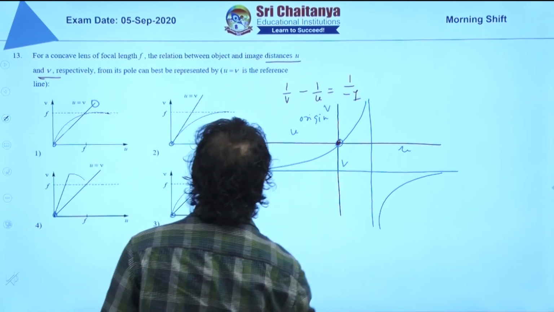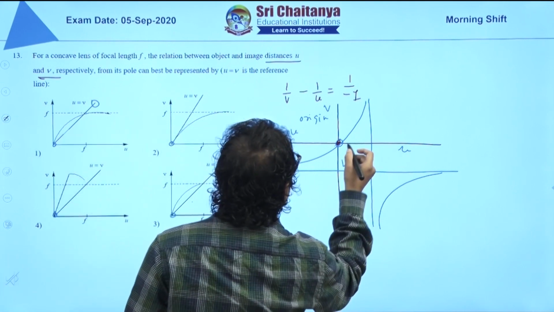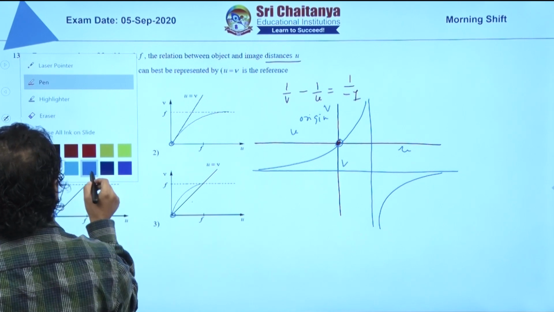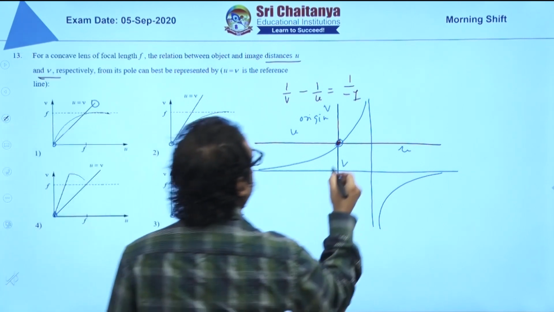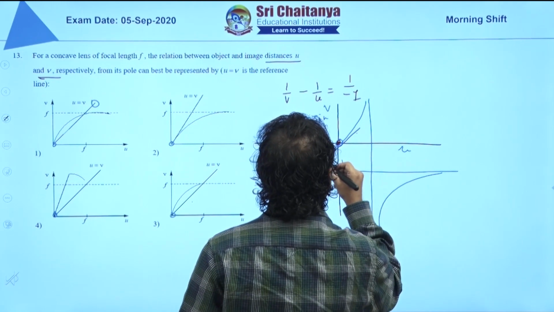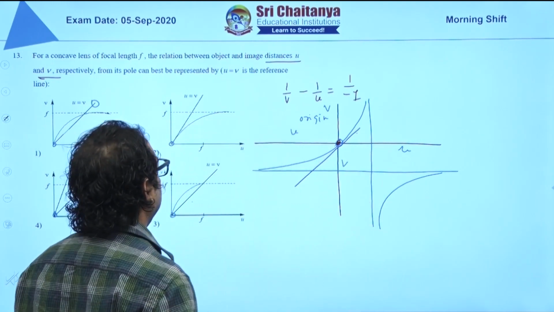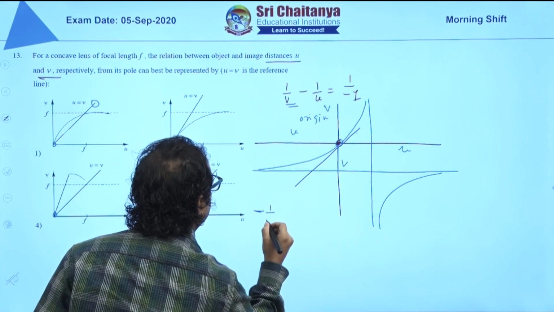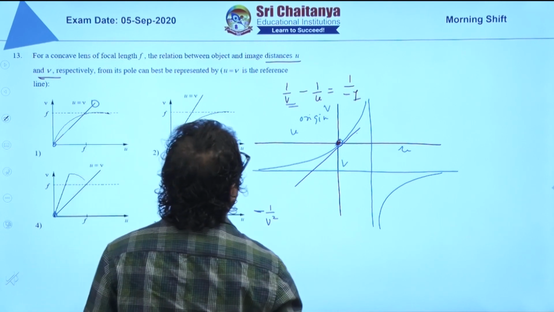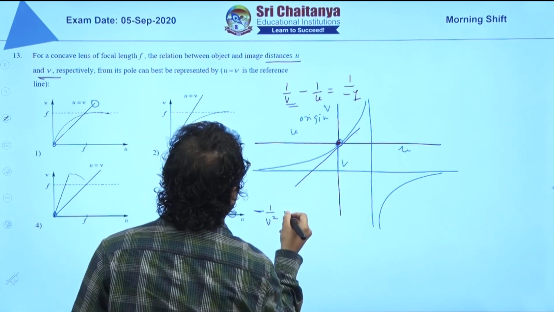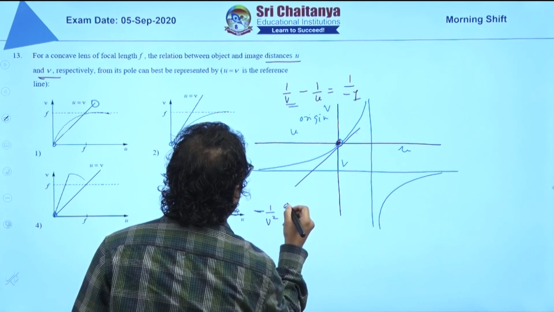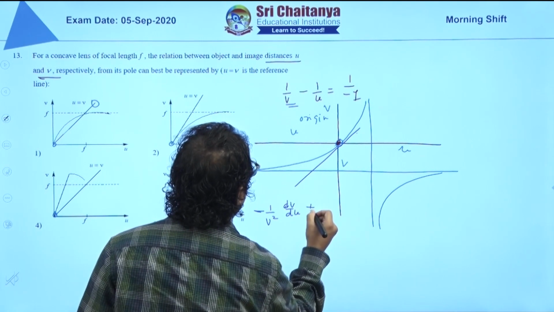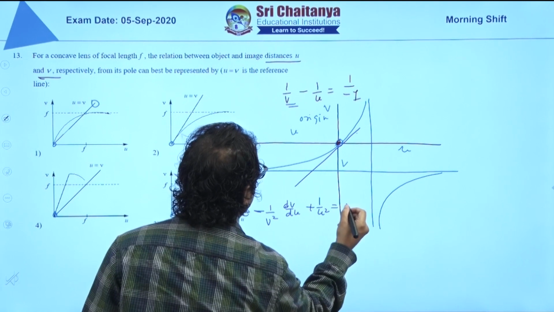Basically, when we try to put a slope over here, this is your slope. What is the slope? If you differentiate this, minus 1 by v square dv upon du plus 1 by u square is equal to 0.